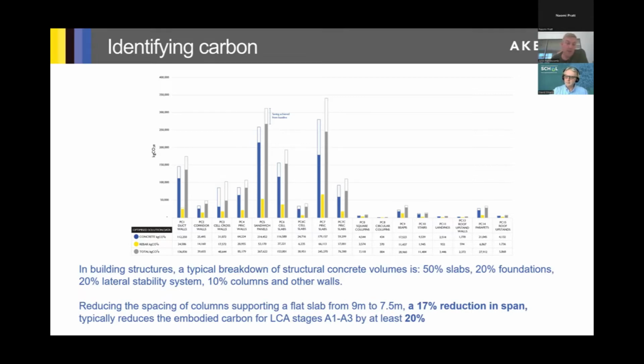And I think the routemap points out quite well that just reducing your grid from, say, 9 meters to 7.5 meters, whilst that's a 17% reduction in span, will give you at least a 20% saving in overall carbon within that structure. It makes much more use of the concrete and reinforcement in its strength.